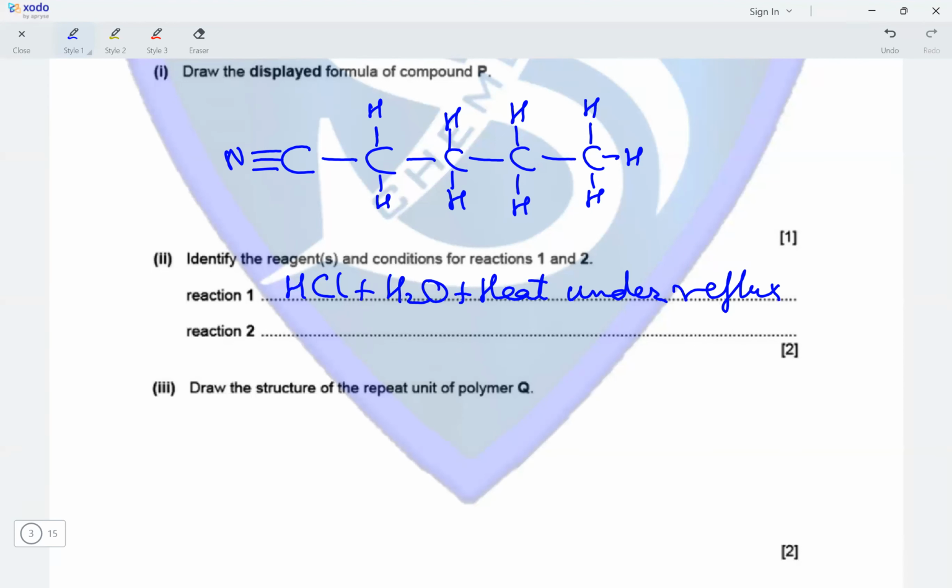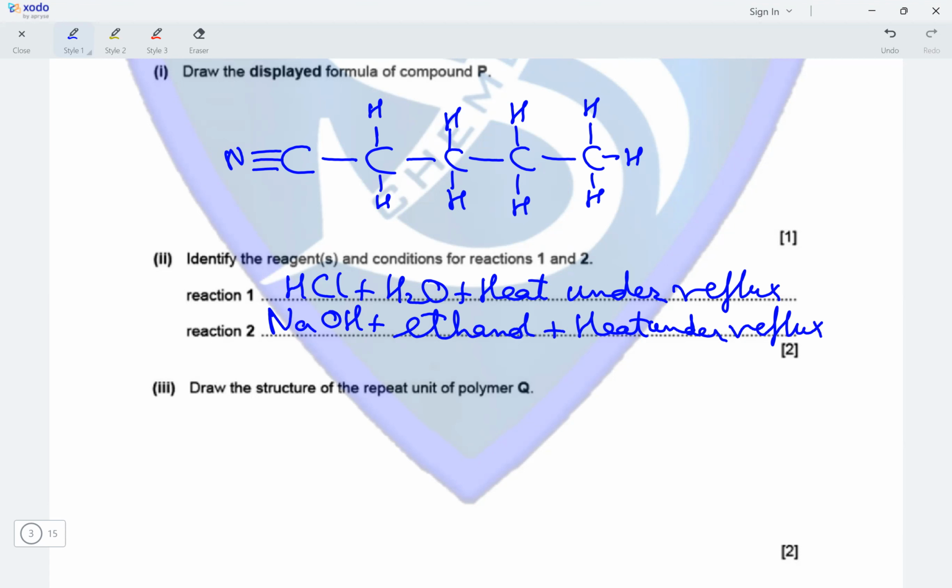Actually, it is not dehydration, it is dehydrohalogenation. So dehydrohalogenation would require NaOH plus ethanol plus heat under reflux. So that would remove one hydrogen and one halogen atom, producing an alkene.